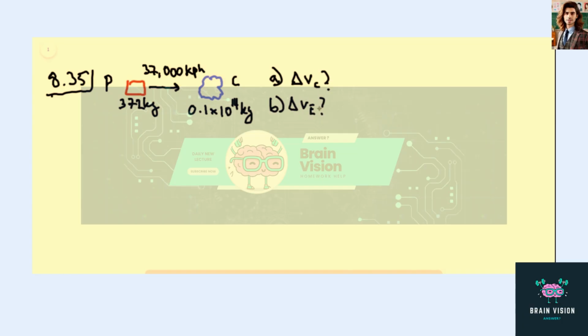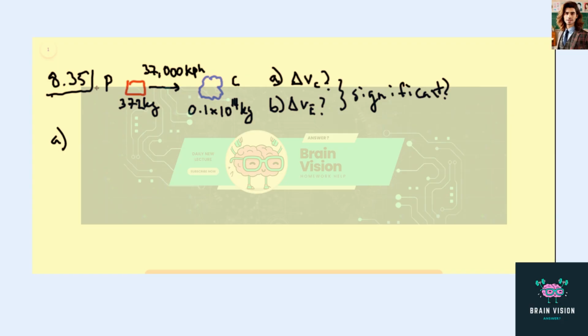And in both cases, we want to know whether that would be significant. And the comet is going to be moving at 40,000 kilometers per hour relative to the Earth, and the Earth's mass is also given, but we'll worry about those in part B.